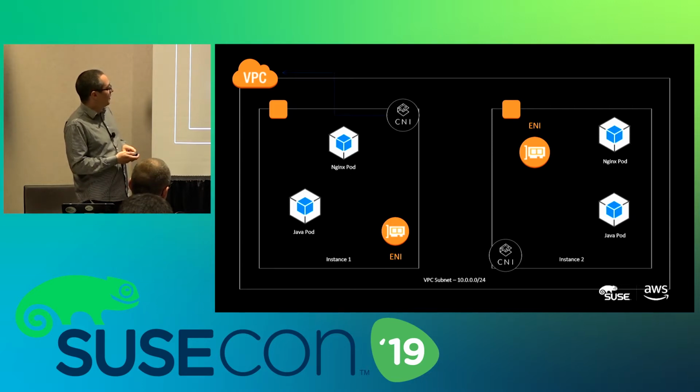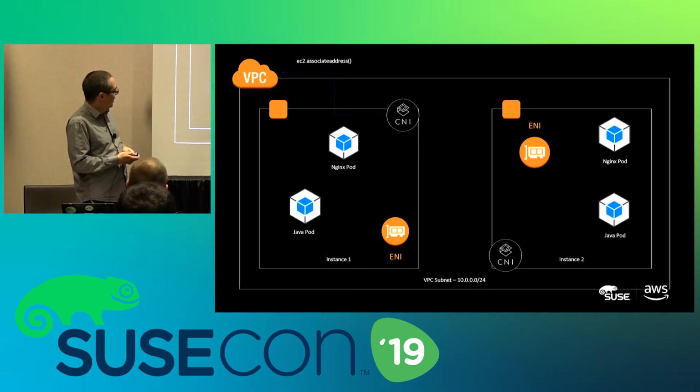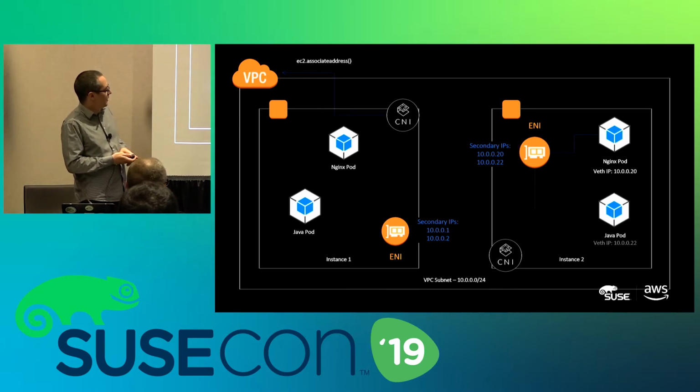Whereas with the model that we have, as long as you have rights via the security group and you're able to get into that VPC, you're able to connect to those containers directly. As you can see there, the IP addresses are mapped from that network interface directly to the containers.